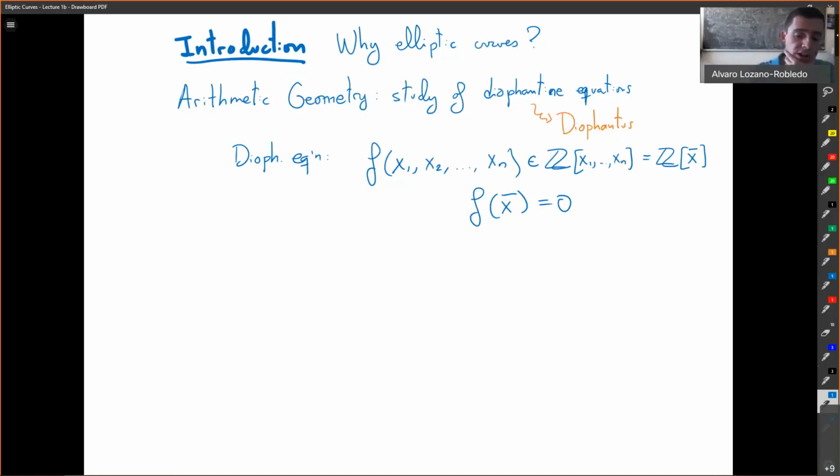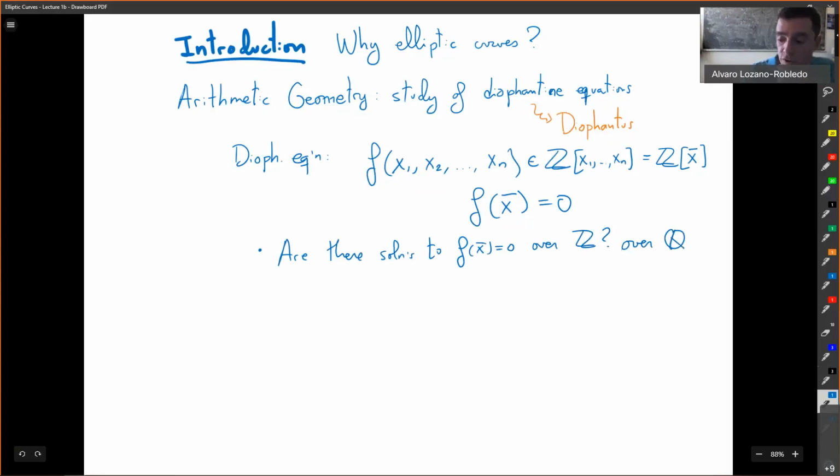So we are interested in finding out, are there solutions to f of x equals 0 over the integers, perhaps over the rationals, over other fields, other number fields, and so on.